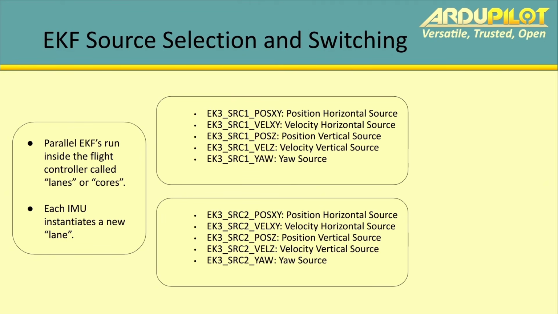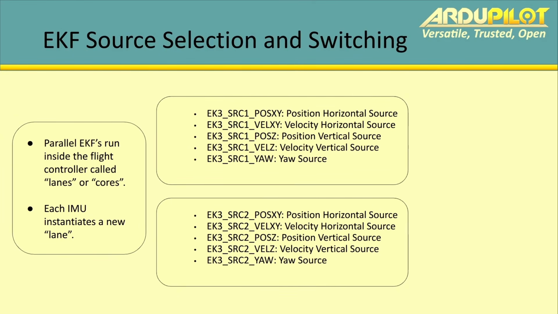So you'd notice EK3 source 1 pos XY, which is the horizontal position sensor that the EK3 would use. Typically GPS or something like that would be set here, and then velocity and vertical position and so forth. And we have these three different set of parameters. One's the source 1, second's the source 2, and then there's a source 3.